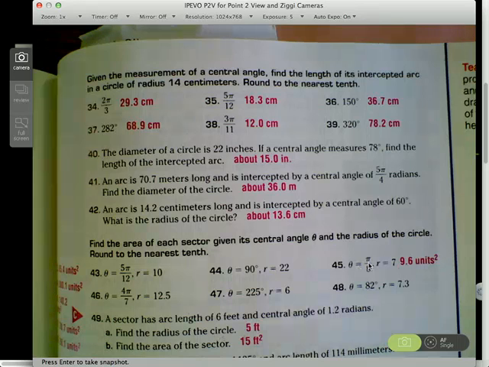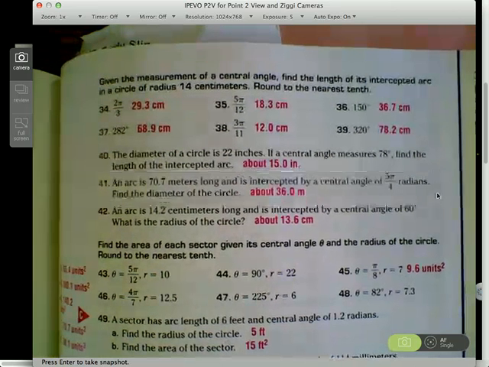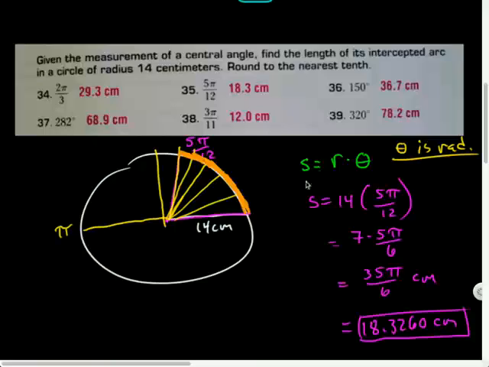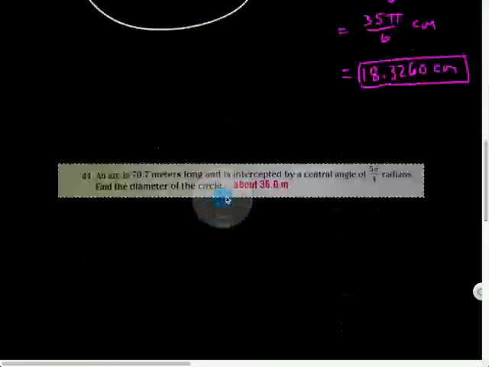For 45, I'm going to do 41, but for 45 real quick, that would have just been the area is equal to 1/2 r squared theta. Wasn't that the formula? So you would just square 7 is 49, divide by 2, and then multiply by pi over 8. And that's how that works. And that formula also only works in radian mode. So if that was your issue last night, now you know why.